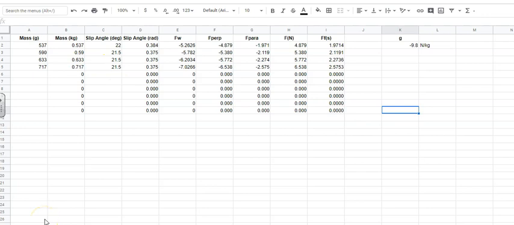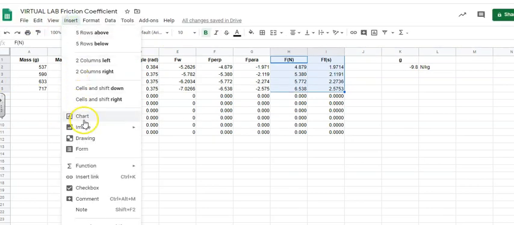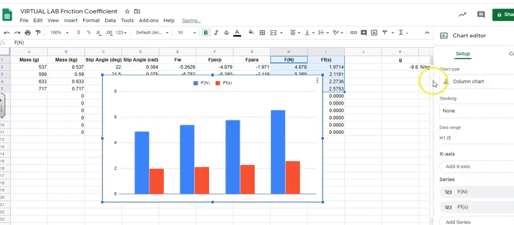Okay, I'll just show you how to do the graphing. We'll just select the data that we've got so far, and I need to go insert chart. Okay, it's out of the screen. Just 1 minute.